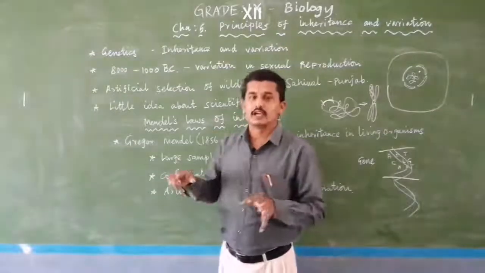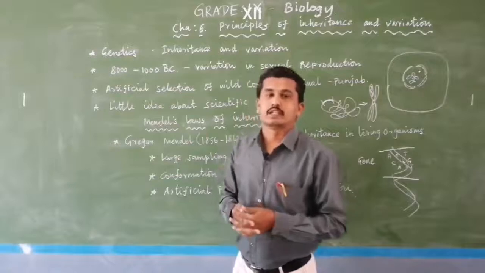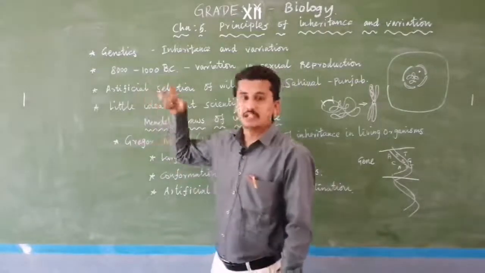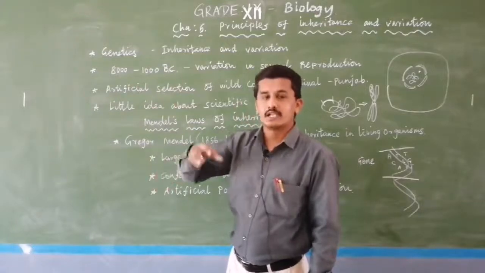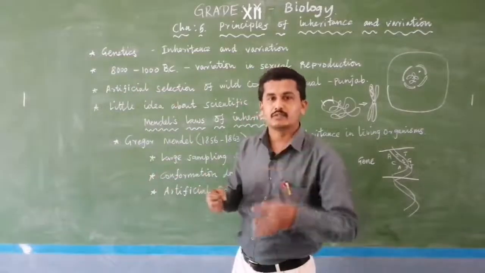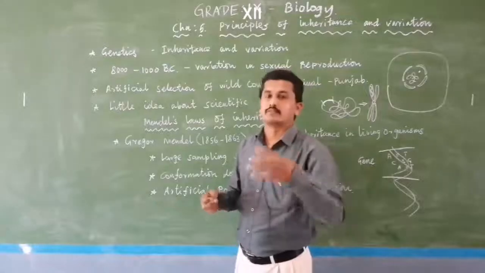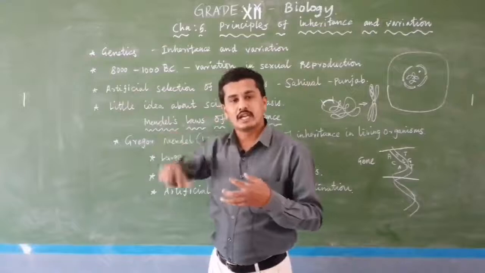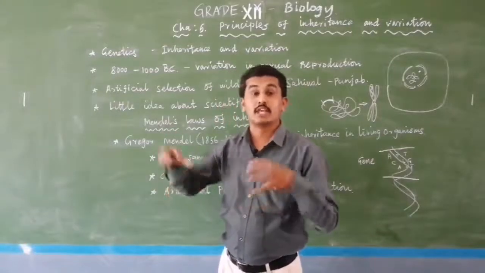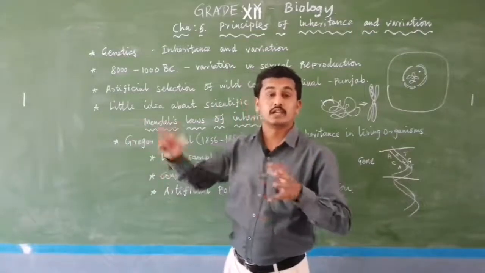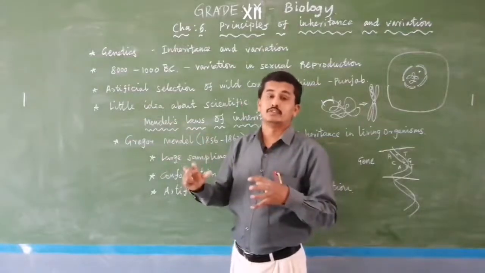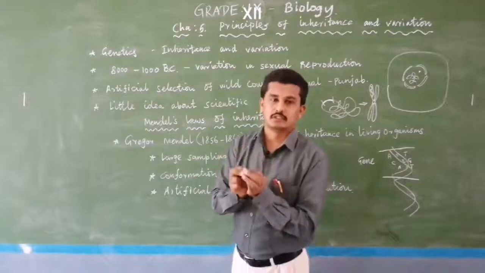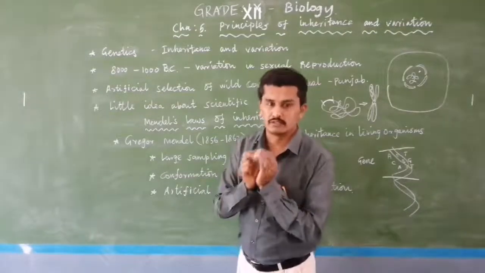So this idea was already known to people. That process is artificial selection. Artificially, we select the best plant or best animal from one group, and the best animal from another group of the same species, not different species, and hybridize the best two varieties, that is, interbreed them.